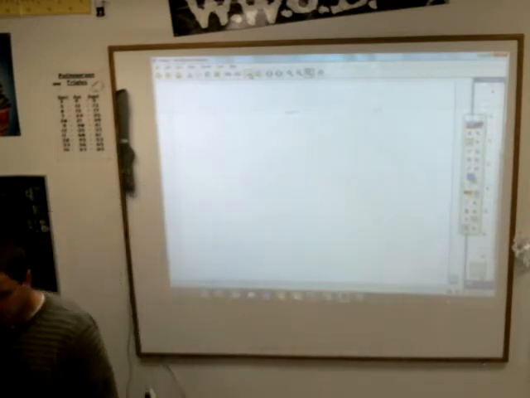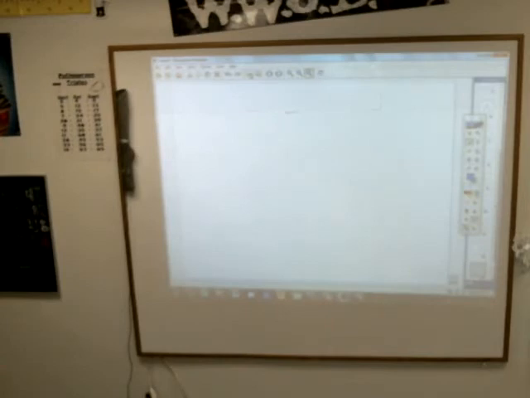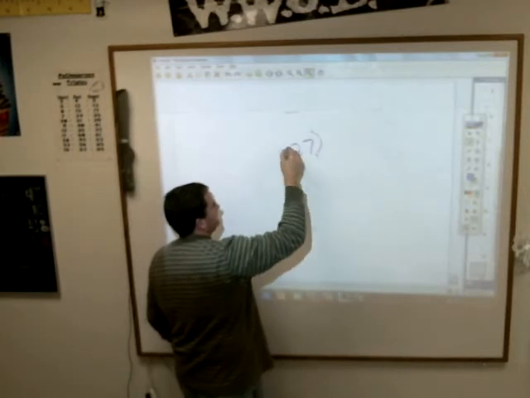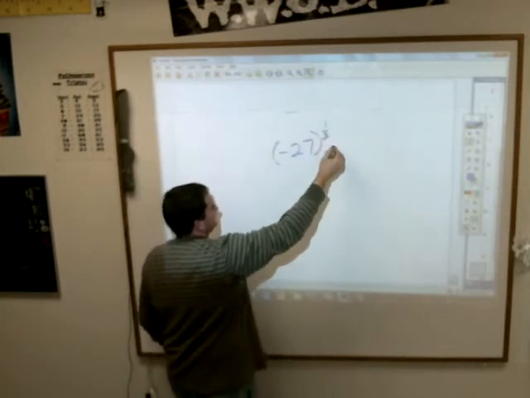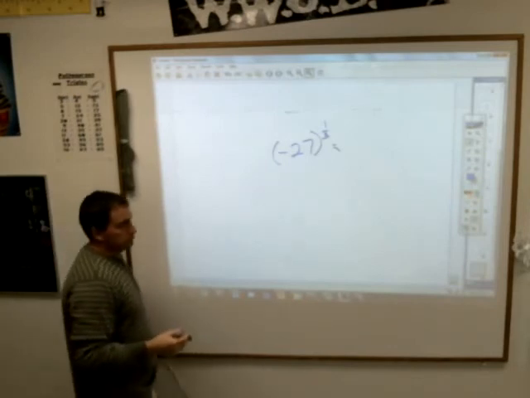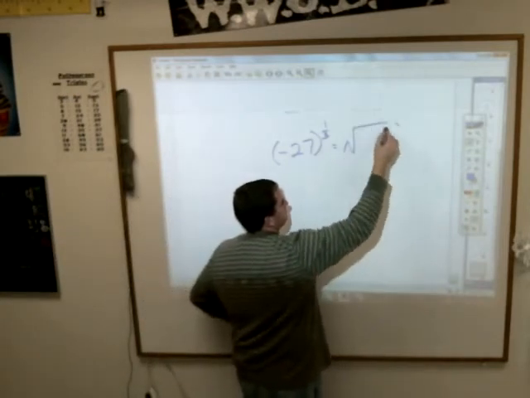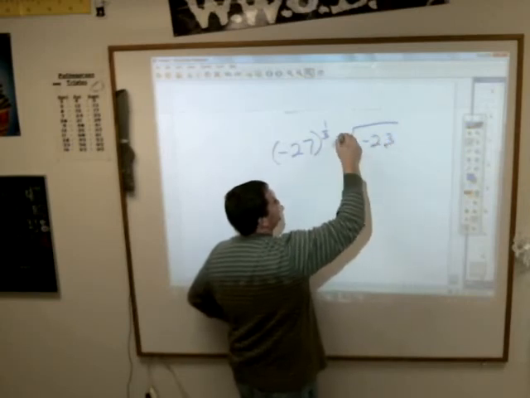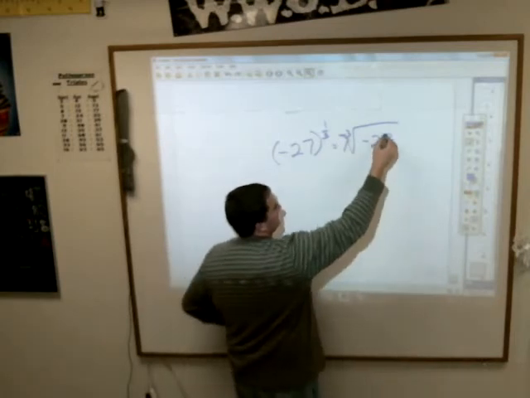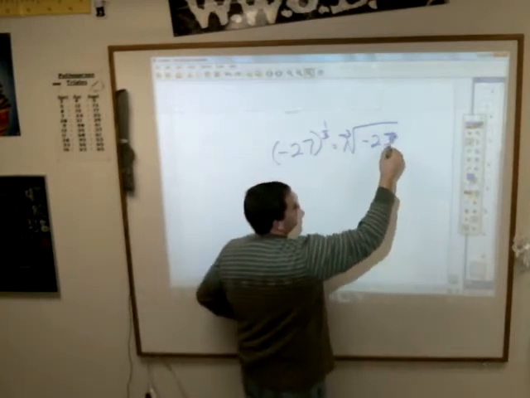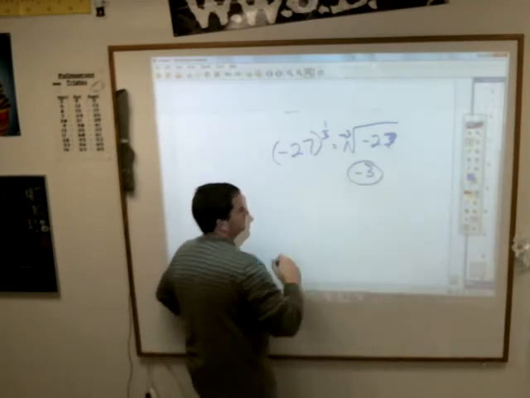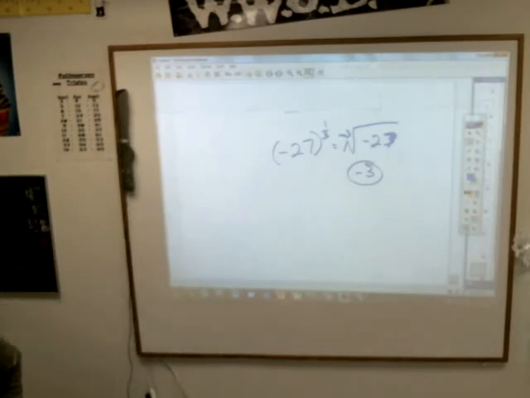Let me look at some of the examples they give you here. Negative 27 to the 1/3 power is the same thing as the cube root of negative 27, which is negative 3.